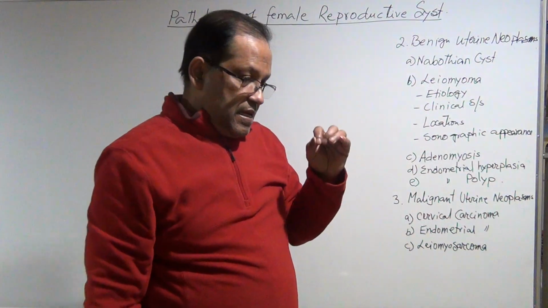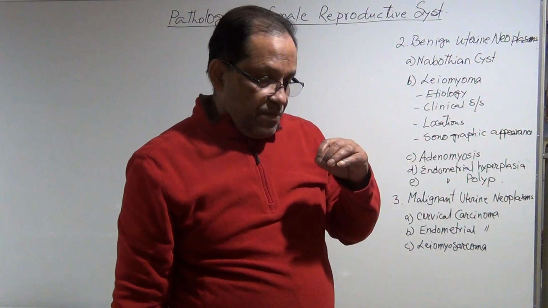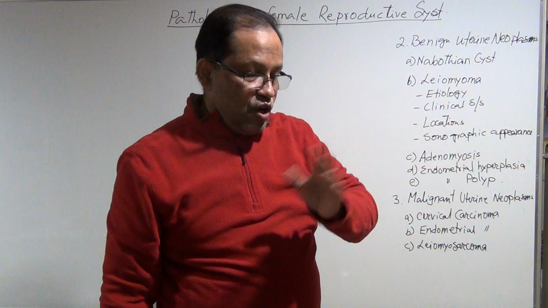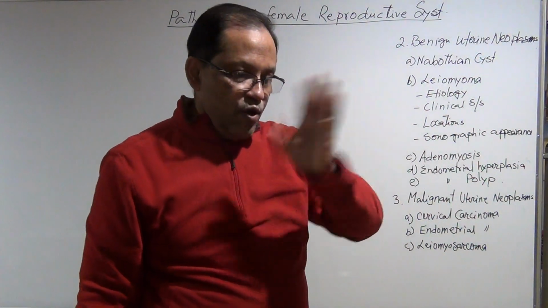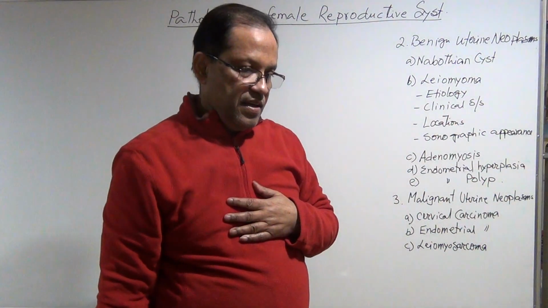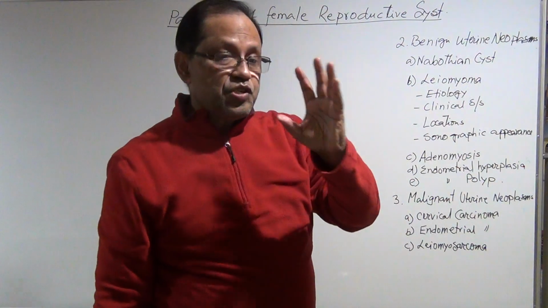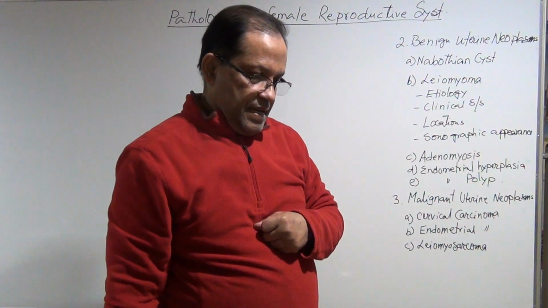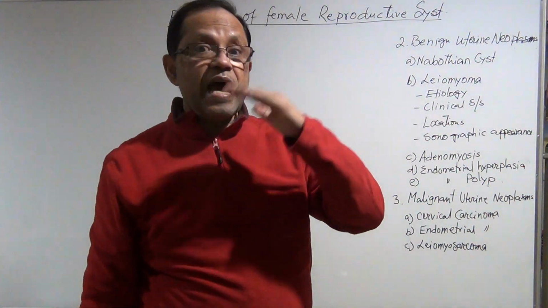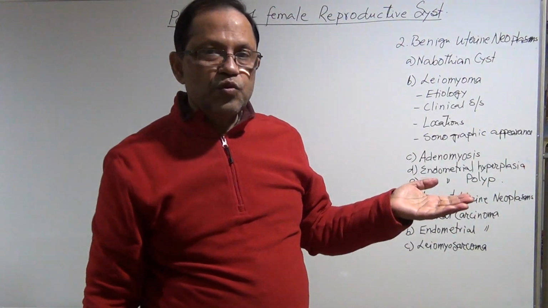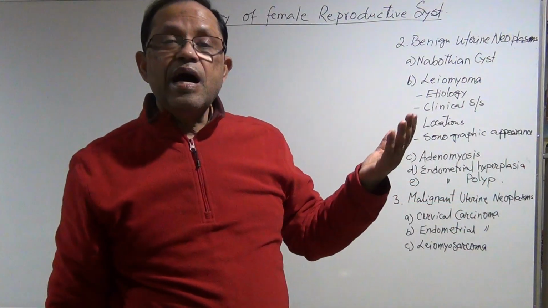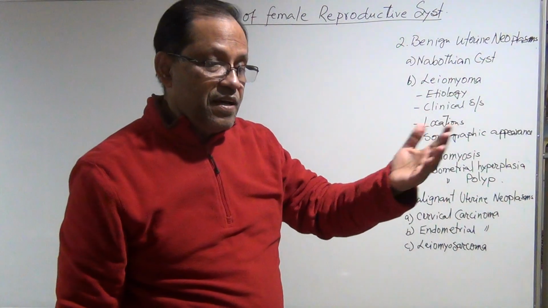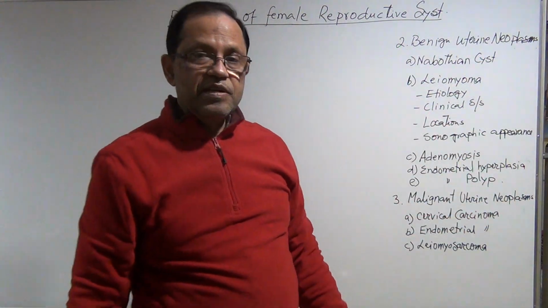Myoma, before menarche, myoma is not there. Teenage myoma is not there. It is estrogen dependent. And at what age group is the estrogen level high? In the child fertility time, right?